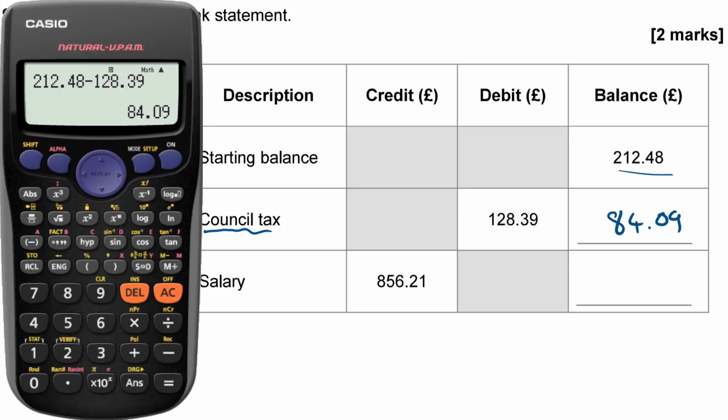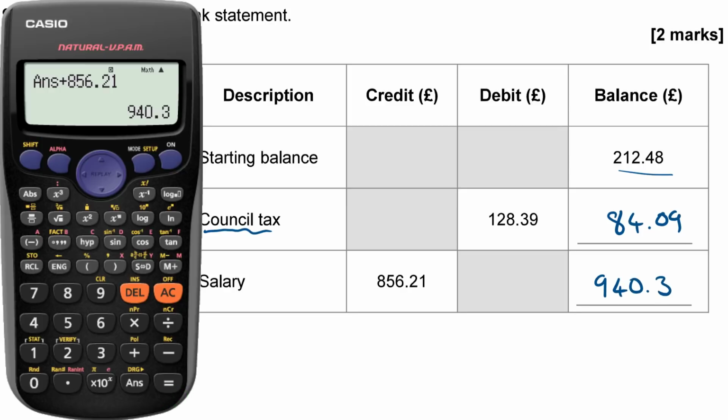Okay, next day, this person's salary is paid in, so they're getting paid £856.21. That's a credit, which is money coming into the account, so I need to add that on. So adding on £856.21 gives me a new total of 940.3.